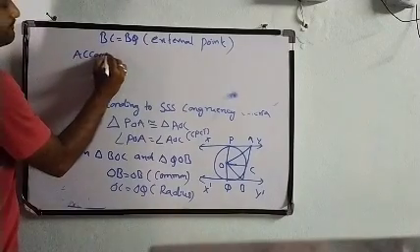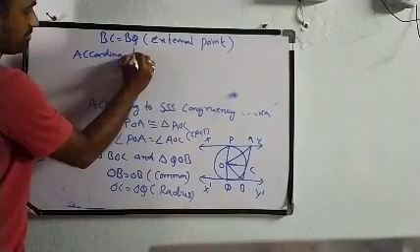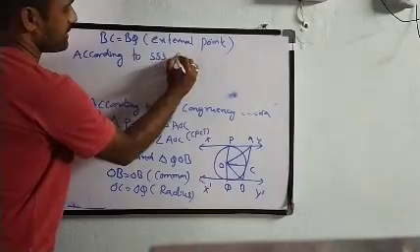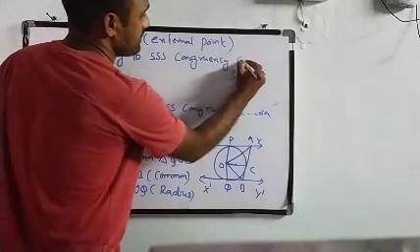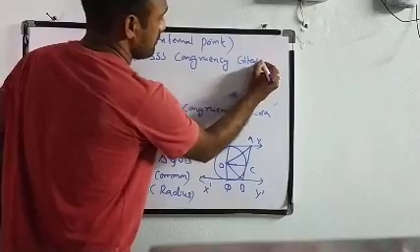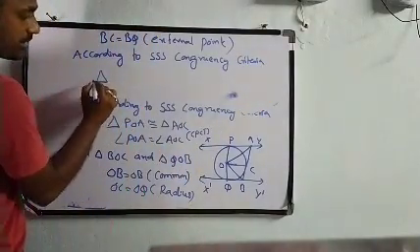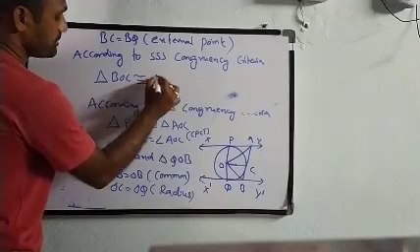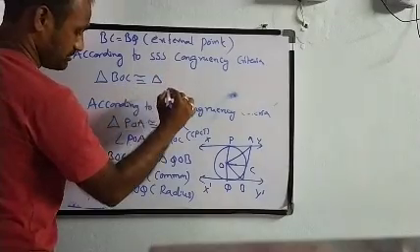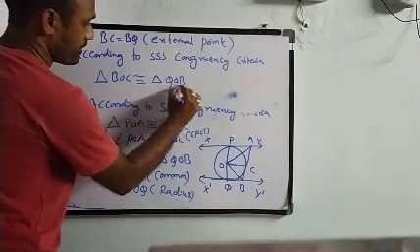According to SSS congruency criteria, we can say that triangle BOC is congruent to triangle QOB.